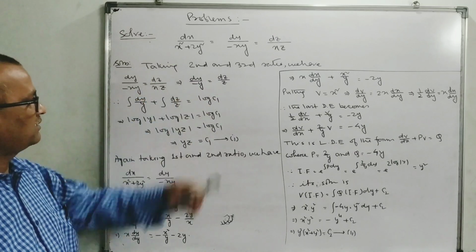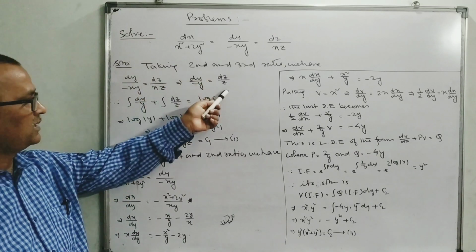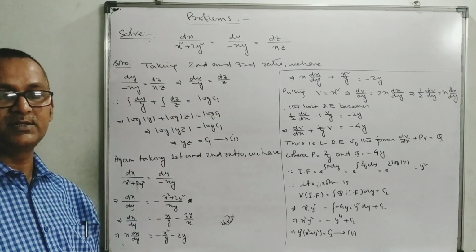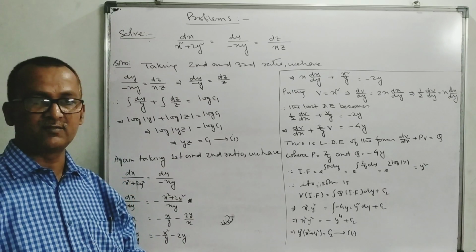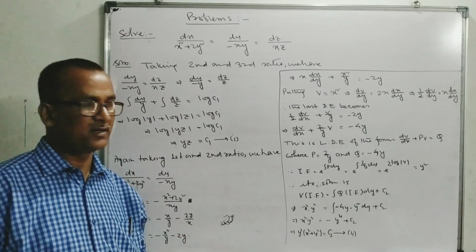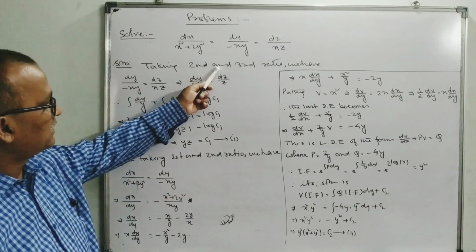After simplification we get dy by minus y, dz by z. Here we apply the method of separation of variables. This is one of the fundamental methods for solving a differential equation. In each problem we can use this method. Separation of variables applied here: dy by minus y, dz by z.